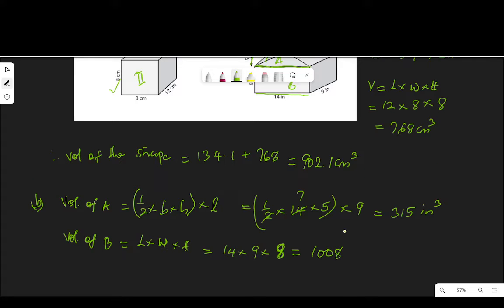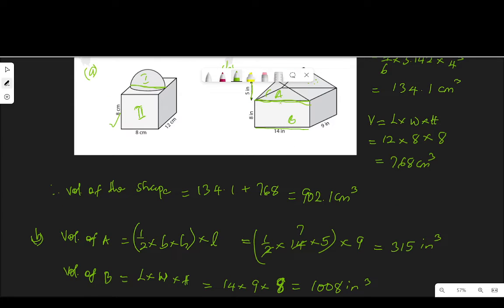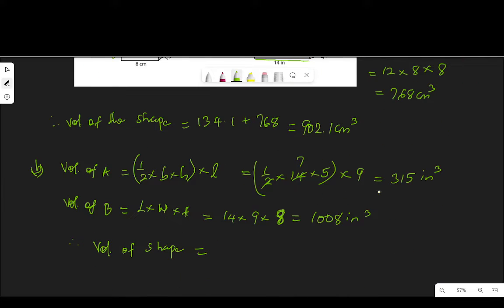1008. What is the unit? Inches cube. Therefore, the volume of the shape would be the volume of the prism on top, which we call prism A, plus that of prism B. So prism A is right here, 315, plus prism B, which is 1008.